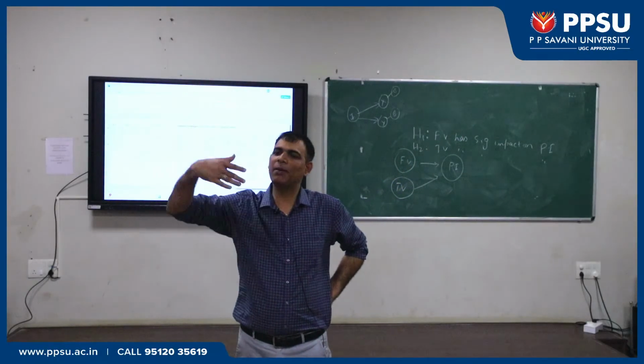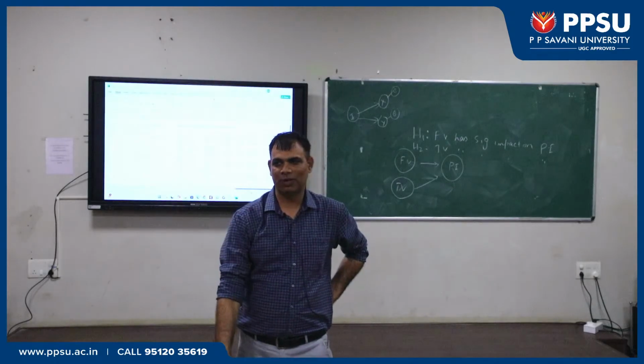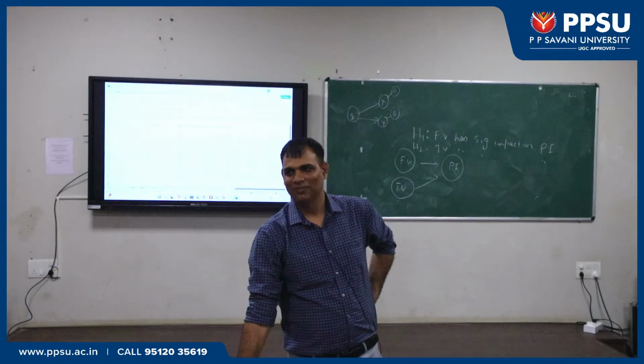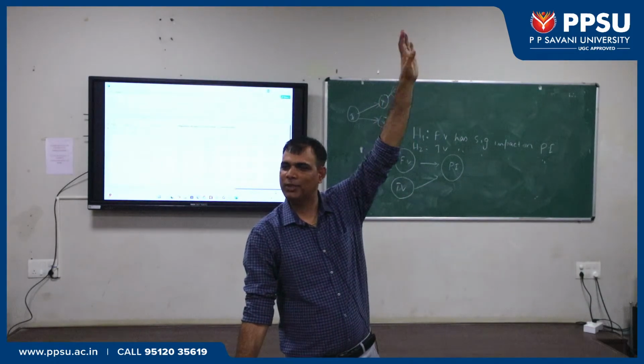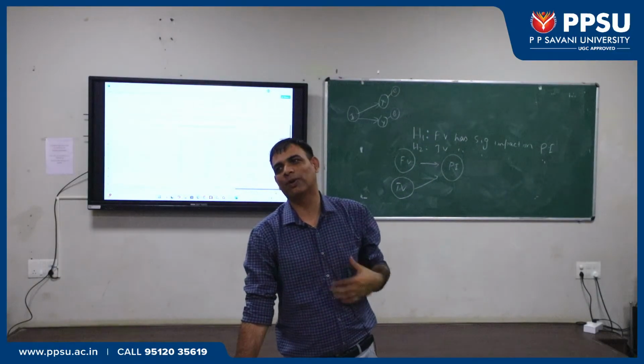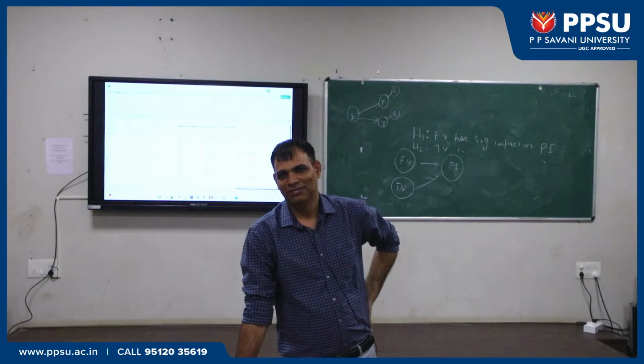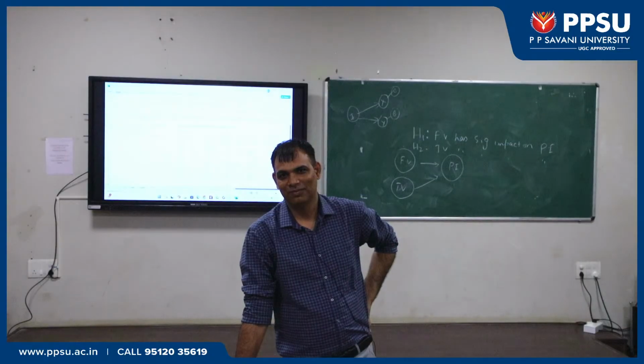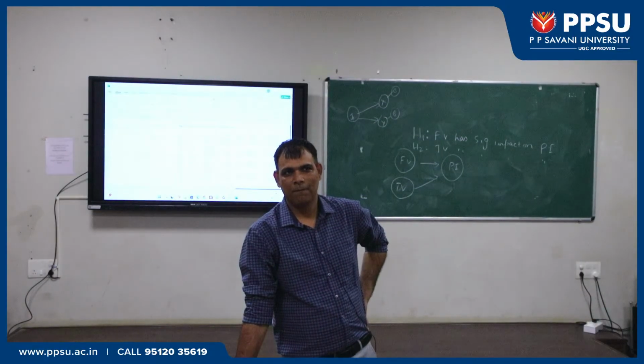Confidence level 95. I am saying it should be greater than 0.05. I can say that. Confidence level is 95, then 5% is coming as P value. That P value indicates the probability of committing the error. Error should be less than 5%.